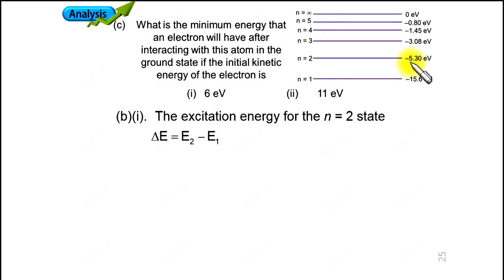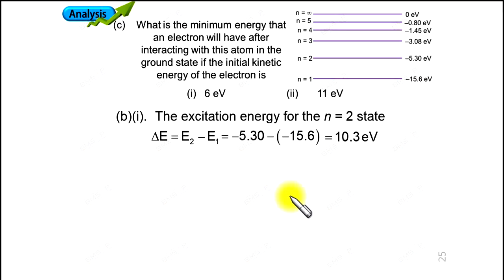That is minus 5.3 minus of minus 15.6 electron volt, that will be equal to 10.3 electron volt, right. That means, if any radiation or external electron has energy of this value or greater than this value, then only interaction is possible.